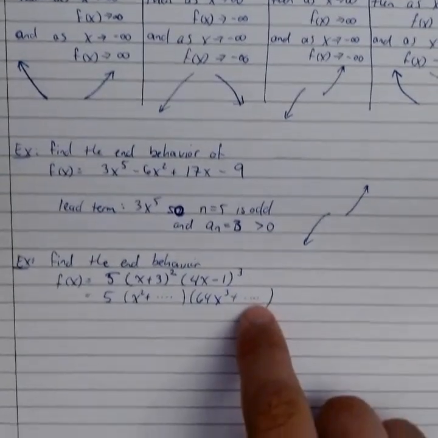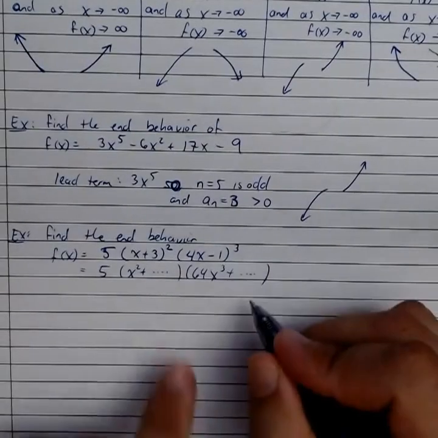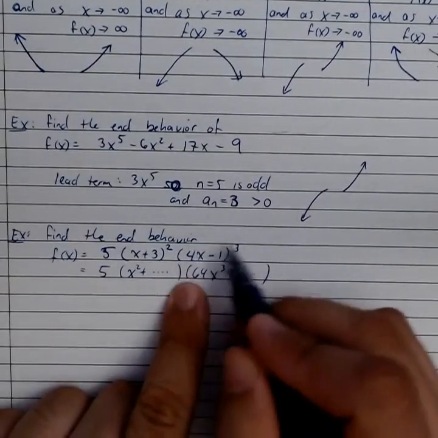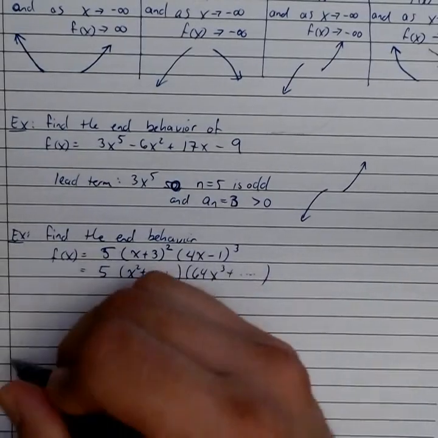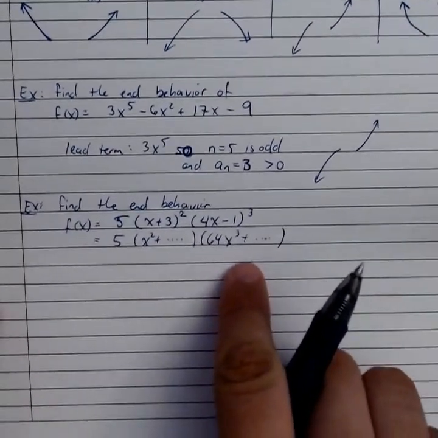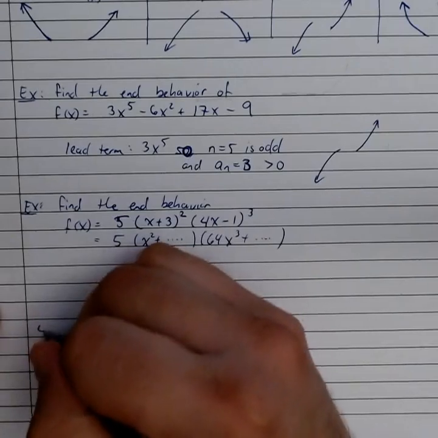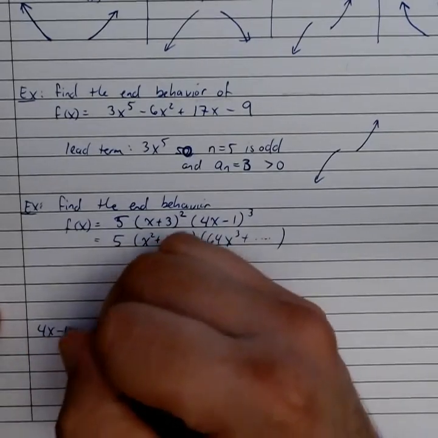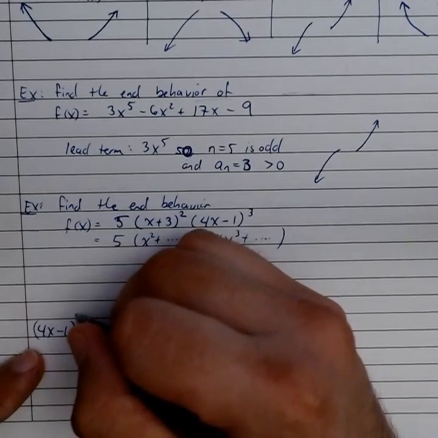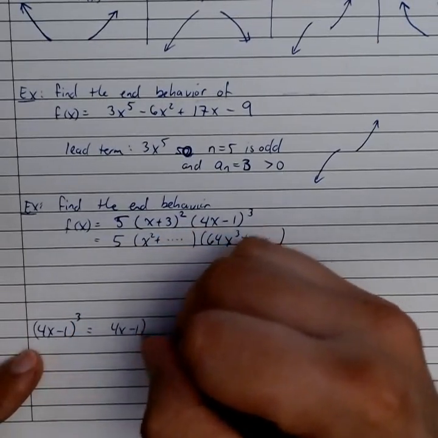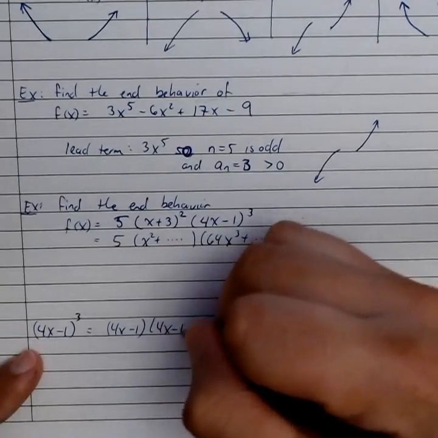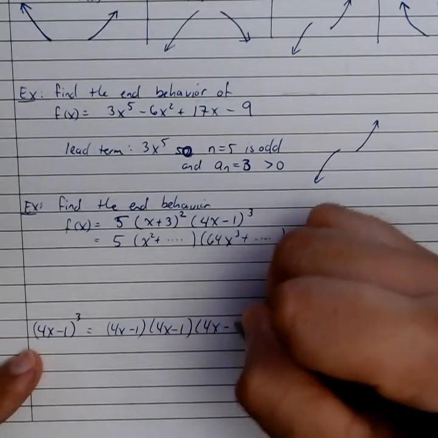If that's not very convincing, let me go ahead and do just this part out the long way, to show what that looks like. This isn't something you need to do, but just as an illustration as to why that works, let's say I have 4x minus 1 to the power 3. Well, that's 4x minus 1 times 4x minus 1 times 4x minus 1.